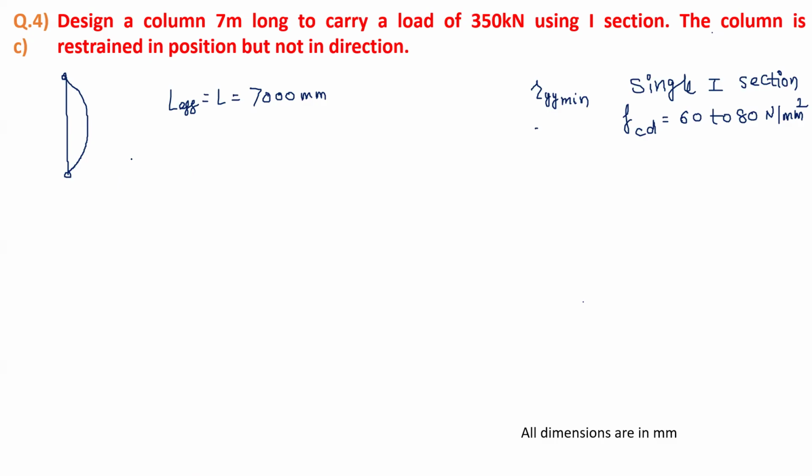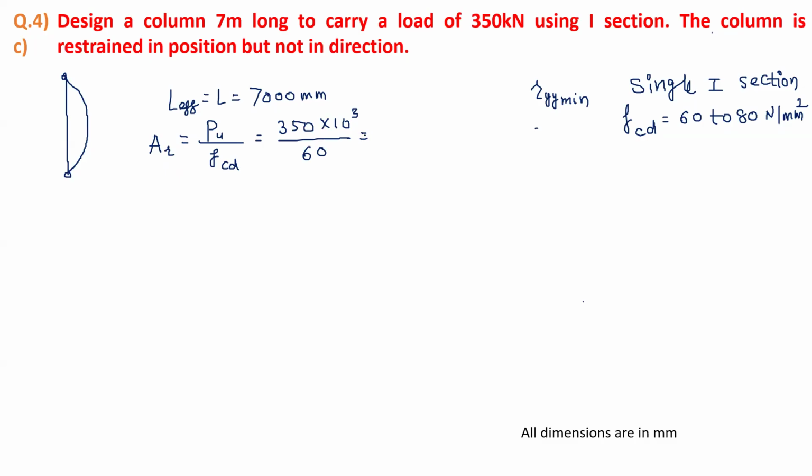So A required, no, we will go with this. So we have A required equal to PU upon FCD. Now PU we have 350 into 10 raised to 3 and FCD we have considered 60. And then this value is equal to 350 into 10 to the power 3 divided by 60.